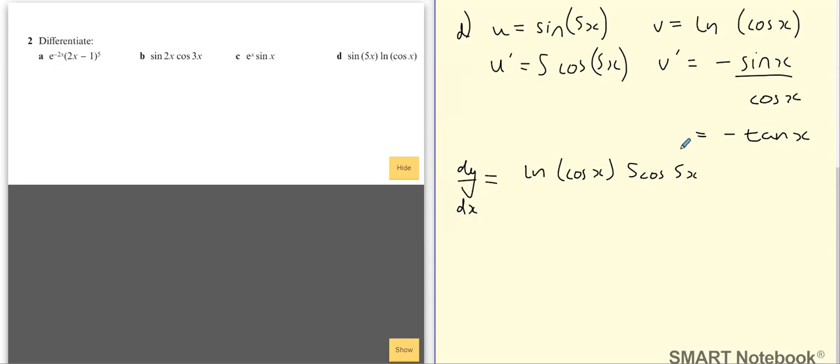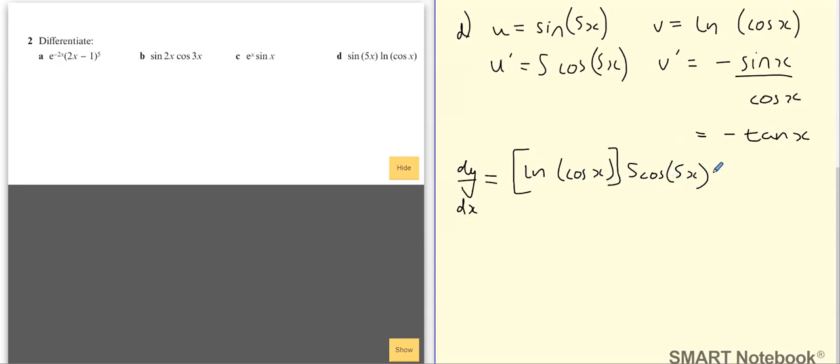Now, I just want you to know that we don't multiply cos x by that. You would work out the square bracket first, and then you would multiply it by 5 cos 5x. Okay, very important. You never multiply the cos bracket with something outside the ln.